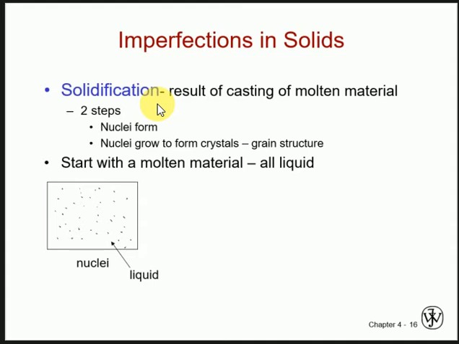Usually at the atomic level, first tiny crystals or tiny nuclei form, a few atoms which solidify and form a crystal structure. Then those nuclei tend to grow. How do those nuclei grow? The atoms attach to these solid nuclei, and the liquid transforms into the solid part.